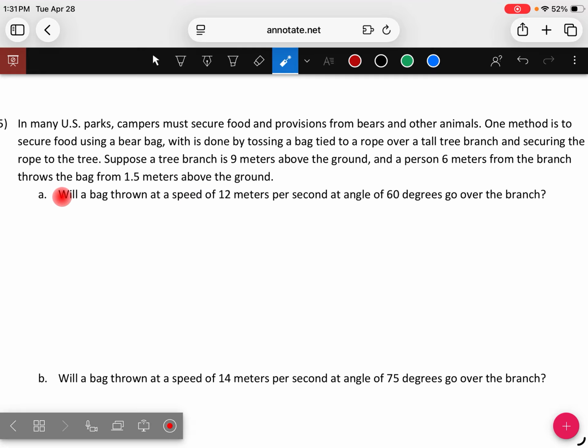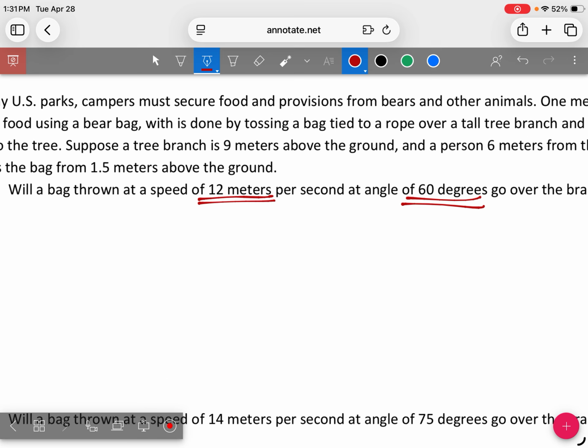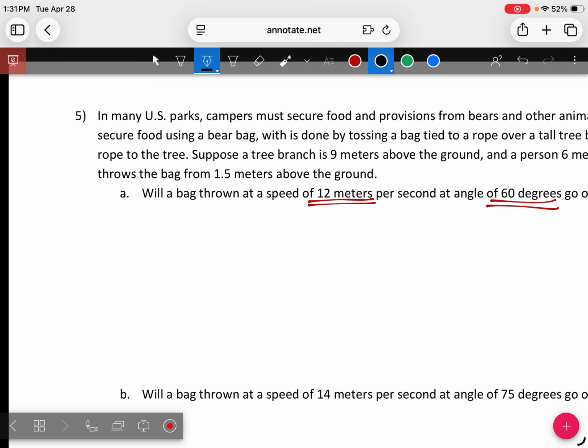So let's go ahead and figure this out. We're going to start by writing our equations. The first time they threw it, they used a velocity of 12 meters per second with an angle of 60. So x of t equals velocity times cosine of the angle times t. For the vertical parameter, we're using meters again.